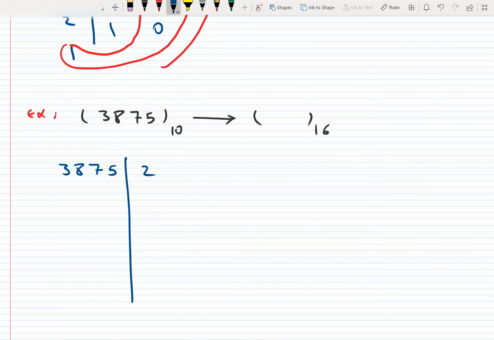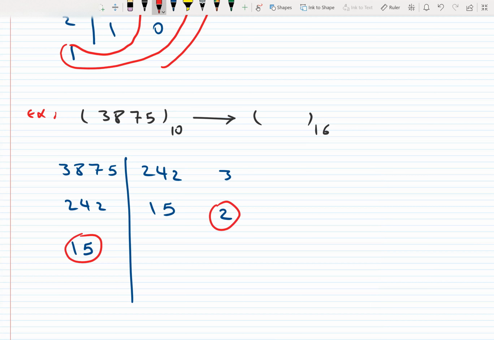It's 242, and the remainder is 3. 242 divided by 16 is 15, and the remainder is 2. And of course, 15 is less than 16. So we get these values 15, 2, and 3, and this one is the result.